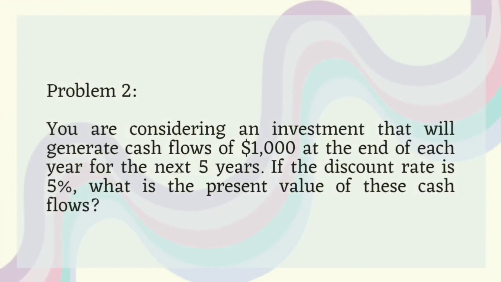So let's have another example. You're considering an investment that will generate cash flows of $1,000 at the end of each year for the next 5 years. And if the discount rate is 5%, what is the present value of these cash flows?